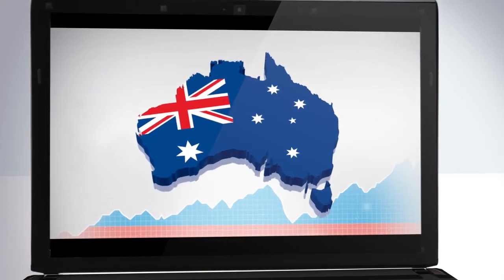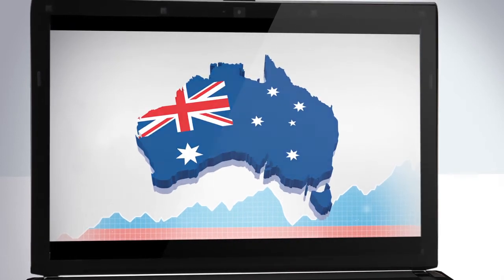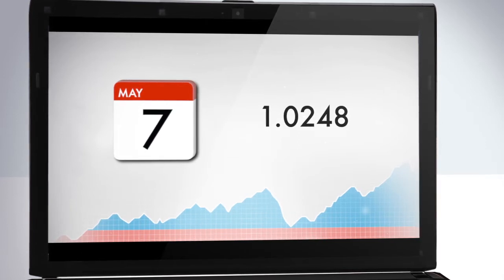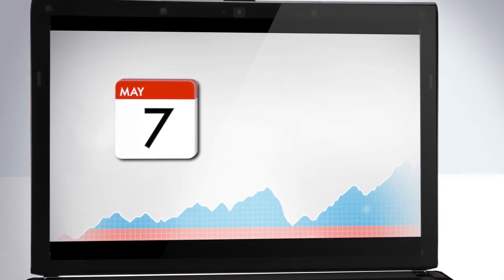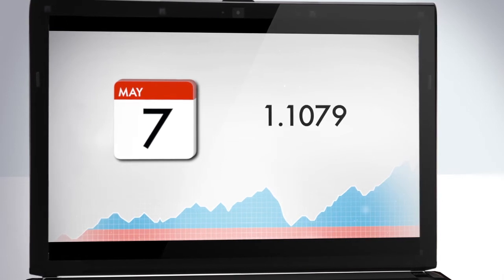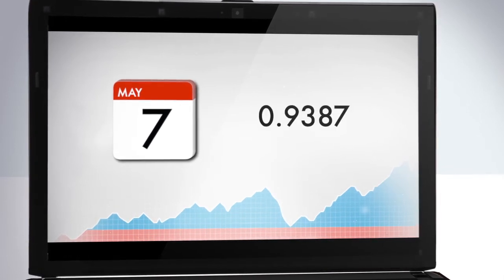We know that the pair sustained the breakdown of an ascending trend line near 1.0248 on May 7th, which signals that selling pressure will continue, but the pair is still left to break 1.0234, a 50% retracement level of its 1.1079 to 0.9387 downfall.